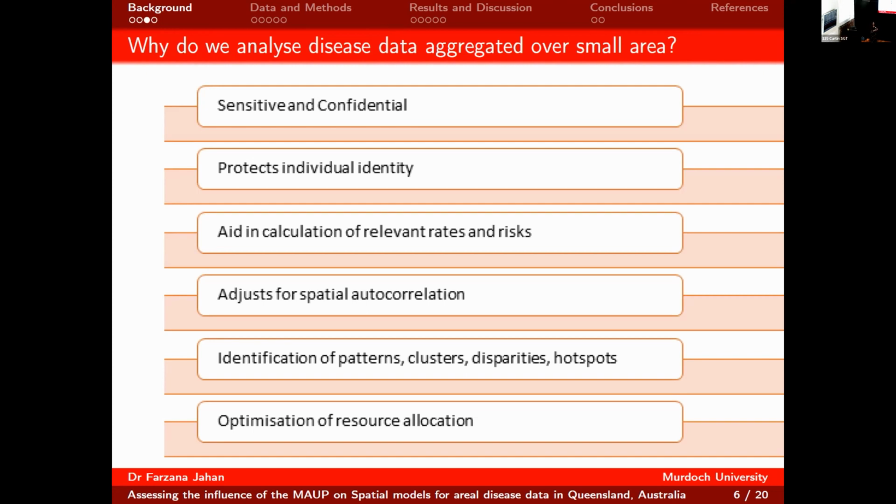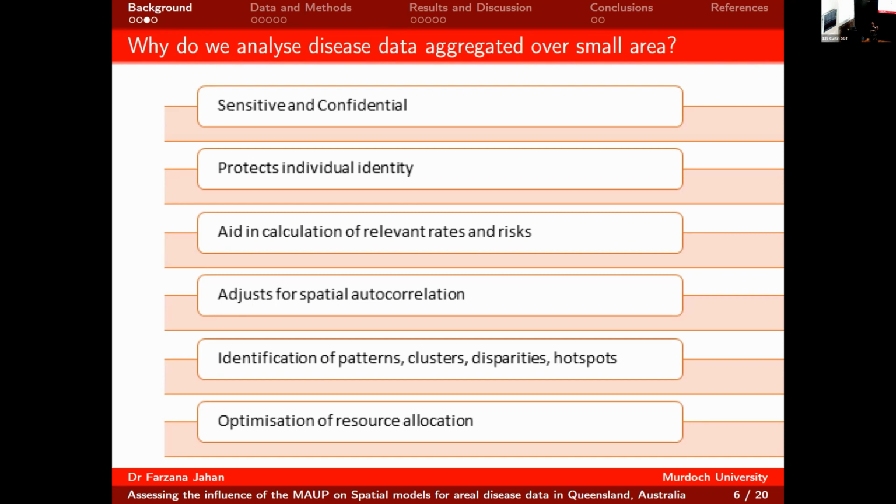It gives you nice disease maps that can tell you different stories about diseases, different patterns you can see. It can also help you to find out hotspots, if there are any clusters or disparities. So all these reasons make aerial spatial data and modeling of aerial spatial data in disease mapping very popular.